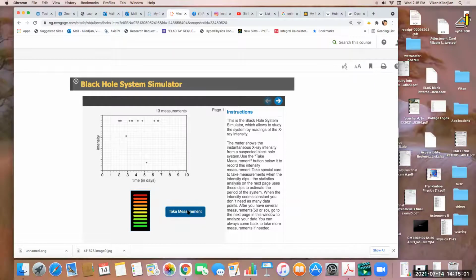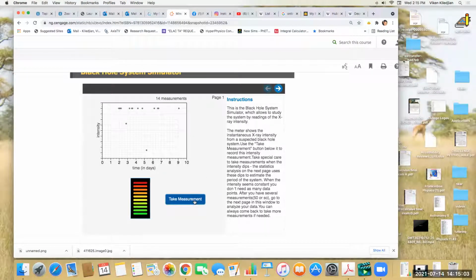See, if I wait too long to press the button, then it's not taking as many data points. So I could decide how often I want to click this. I should click it more often when I especially notice that it's going down. Going constant, going constant, going constant.